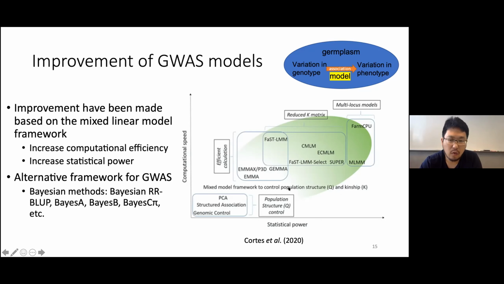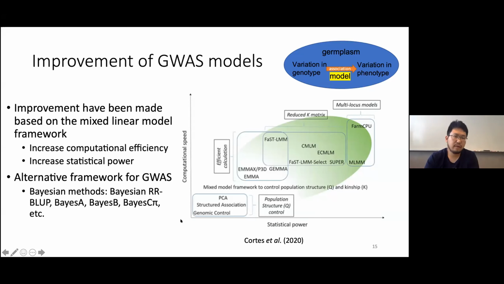In our hands-on tutorial session, we will be conducting genome-wide association study using this Q plus K model, or the mixed linear model, and also the one shown here with the highest computational speed and statistical power, called FarmCPU.